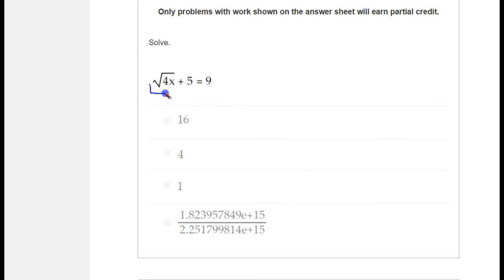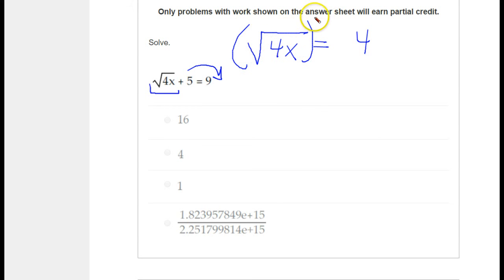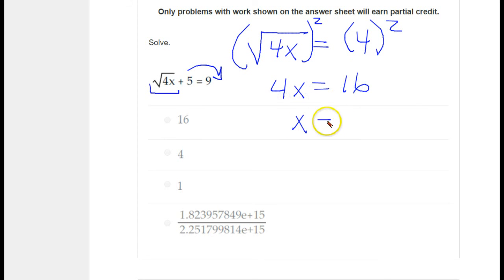So we want to isolate our radical. We get the square root of 4x equals, as we transpose this, to 4. Now to get rid of the radical, we bring it to the same power as the index. So this then becomes the radicand. X equals 4.